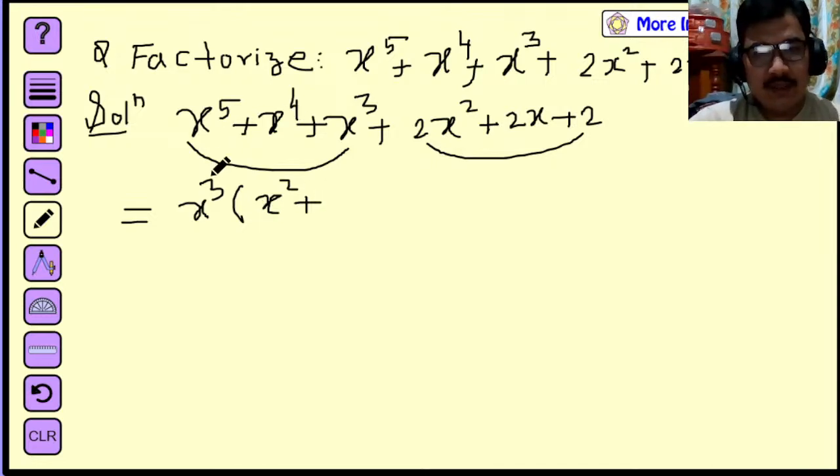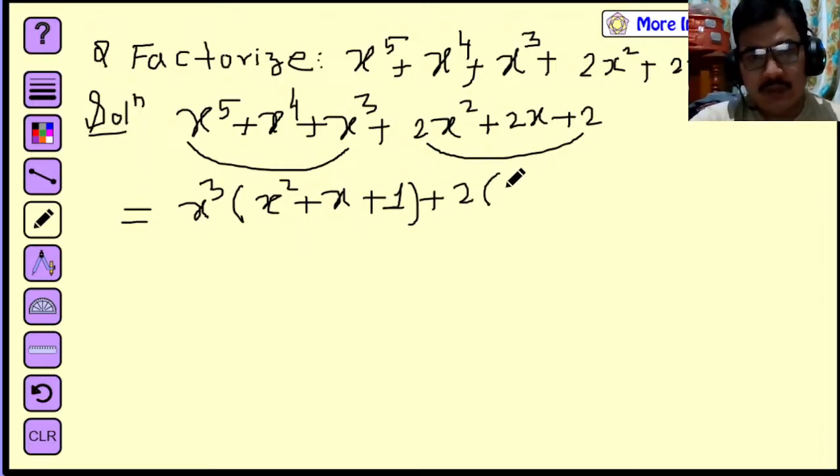From here also x cube is taken, so here we write x, only one x, and then x cube was there, x cube taken common, so here remains only 1 as the coefficient. Similarly here, from all of these, 2 is common.